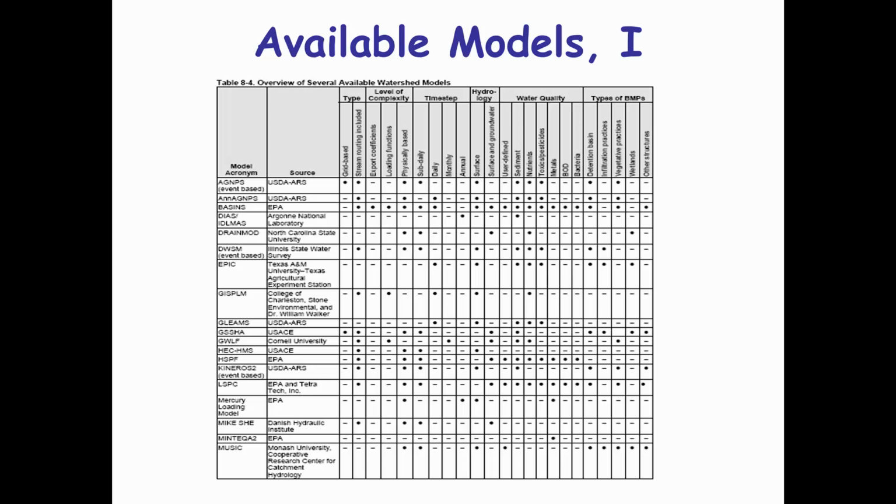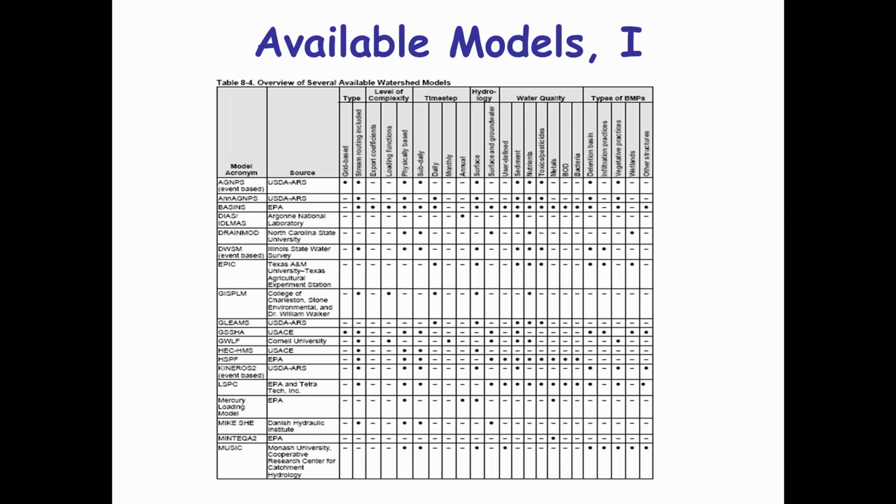So here on this list, we have the GISHA model, the BASINS model, which is an EPA model that includes several different types of submodels, and the HSPF model. The type characteristic of each model, whether it's a grid-based model or a lumped parameter model, is shown here.